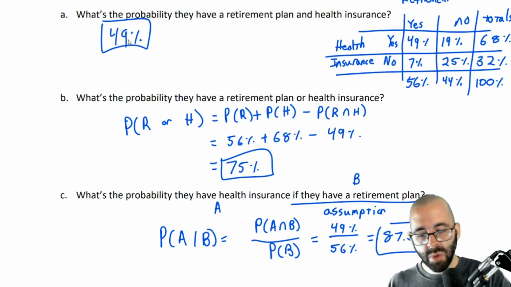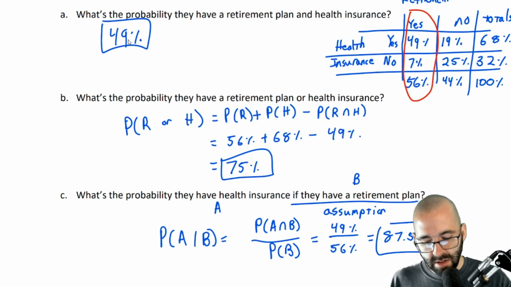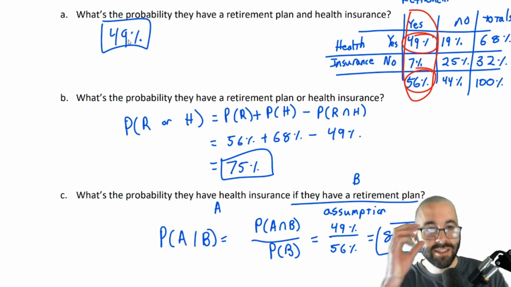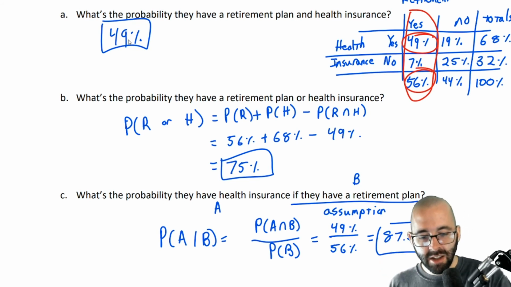And likewise, if we wanted to use our contingency table over here, what we could do is look at the probability given, like we're assuming that they have a retirement plan, so we're only looking here. What's the probability that they have health insurance? 49% out of 56%. So another way of you seeing how you can come up with that answer.